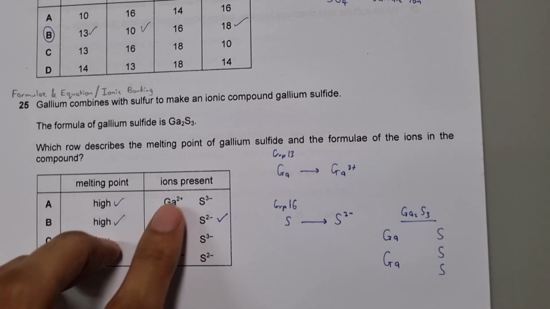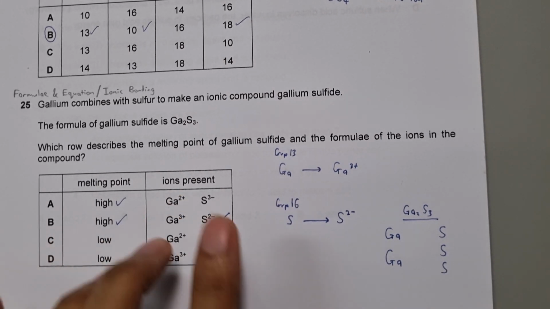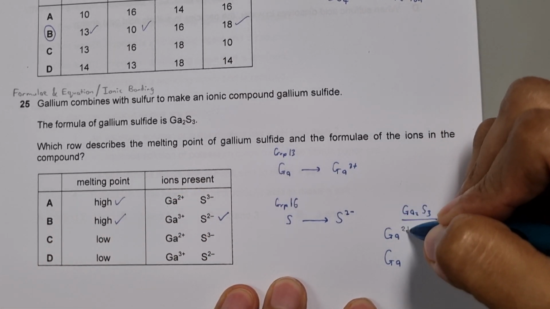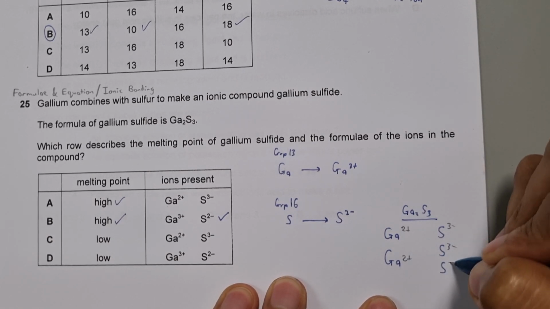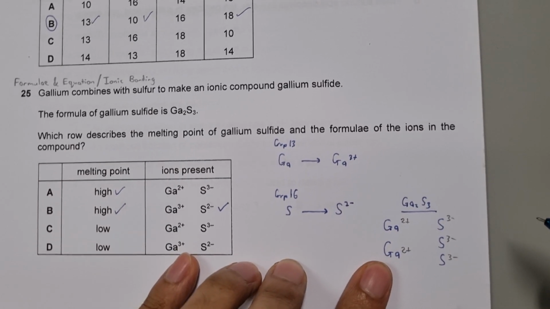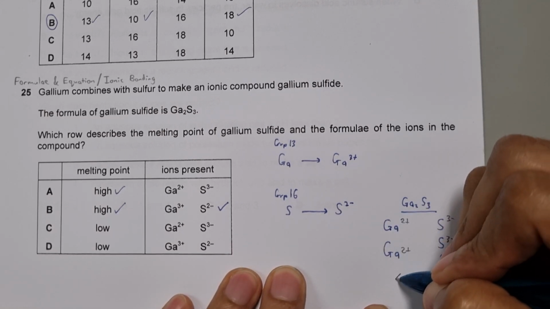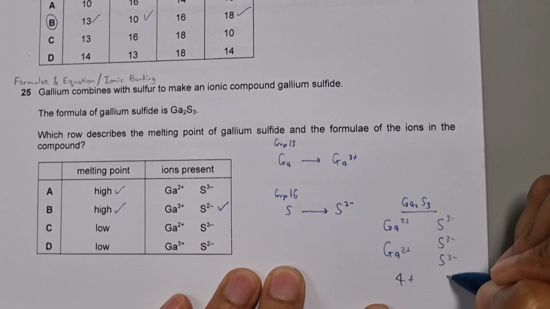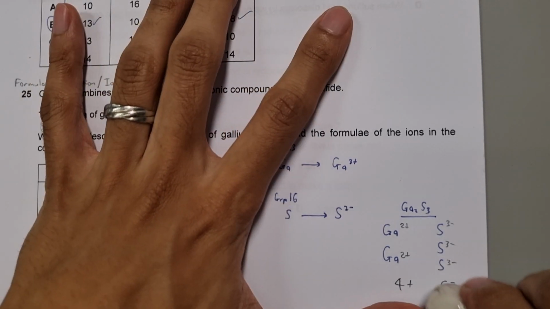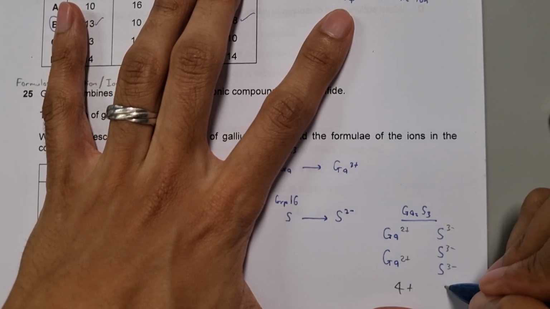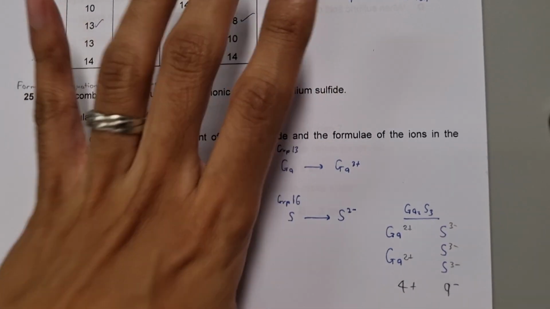If it was option A, 2 plus and 2 plus, and this is 3 minus, 3 minus, 3 minus, the total charges would be 4 plus positive and, sorry, wrong, 9 minus negative.